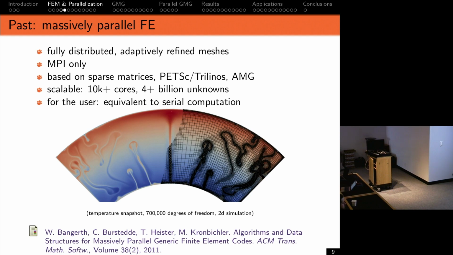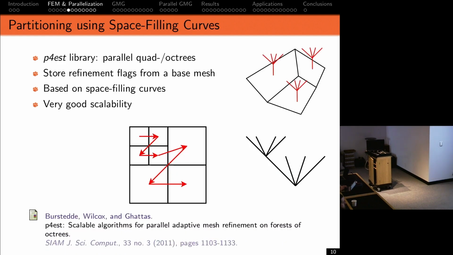The goal that we had is, for the user, in principle, it should be equivalent to a simple problem I can run on my one computer, right? Not only from the programming and implementation perspective, but also from the algorithm perspective. Can we make that work so that I don't have to worry about other things? Can we run the algorithms in parallel and make that work?